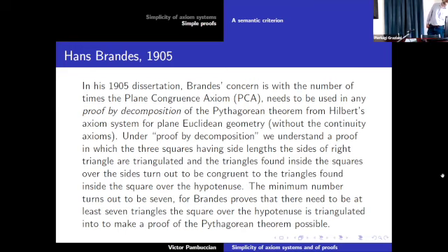What do we mean by proof by decomposition? It's a proof in which you take the squares that you built on the sides of your right triangle and on the hypotenuse, and you split them into triangles. You triangulate each of these, and you show that the corresponding triangles are congruent.